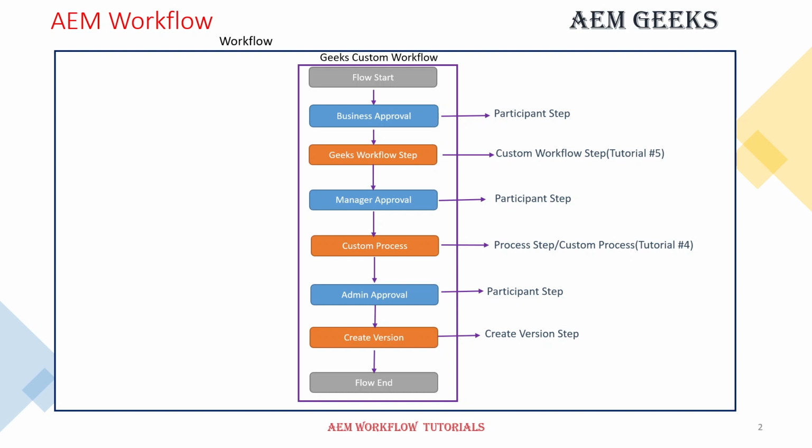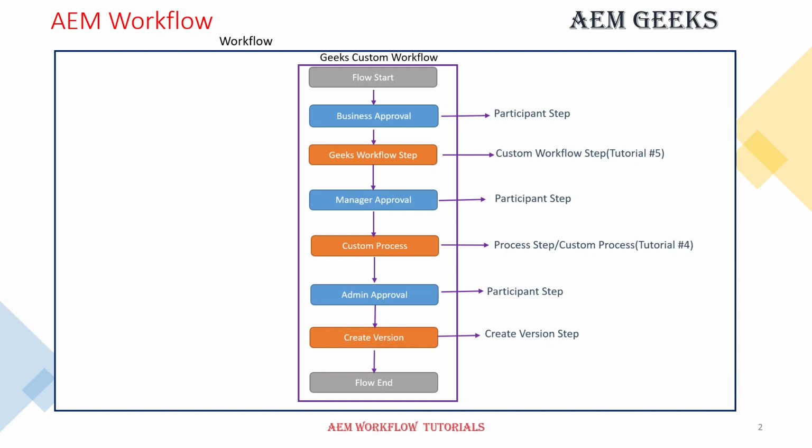When the person opens that task, he gets more information like, okay, I am in this section, I am in this stage. So by this, the approver has more information about that workflow, like how far it has been executed, and for which section the approver is approving this workflow.